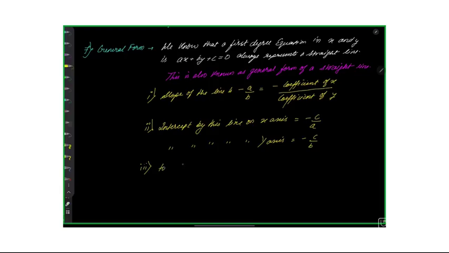To change the general form to normal form, first, take c to the right hand side.